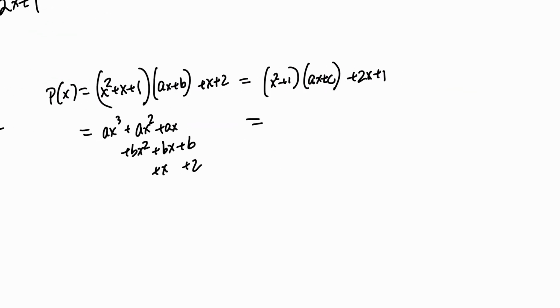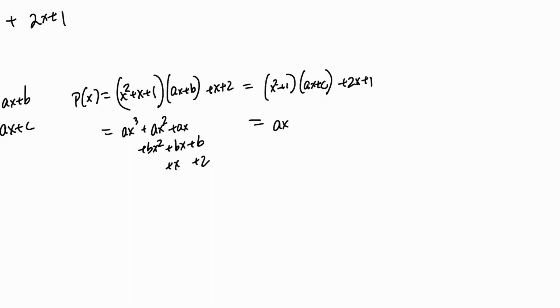On this hand side, we have ax cubed, so the cubic terms will actually match up, plus cx squared, the x term, ax, the constant term, c, plus 2x plus 1.